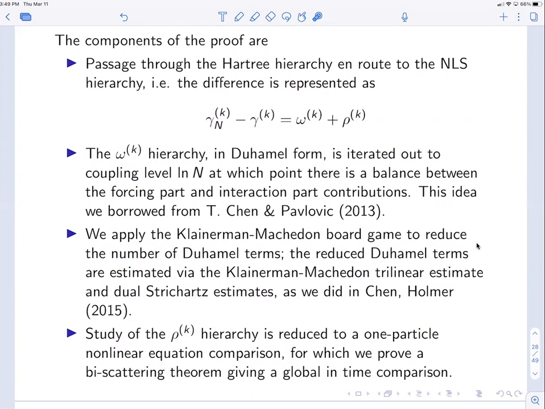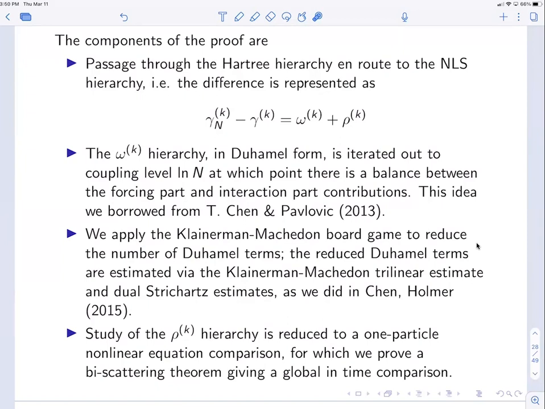And then that is iterated multiple times out to coupling level log n. And at that point, once we've made it that far, there is a balance between the forcing part and the interaction part in the equations. And this is an idea that we borrowed from Thomas Chen and Natasa Pavlović in 2013. They have this paper, and then we applied it in a paper in 2015. But we're using that again here.